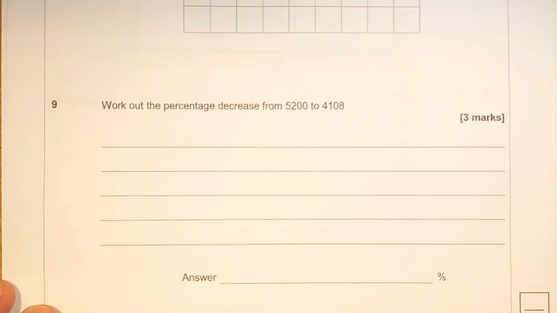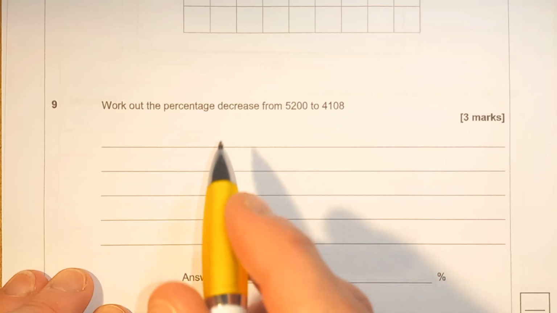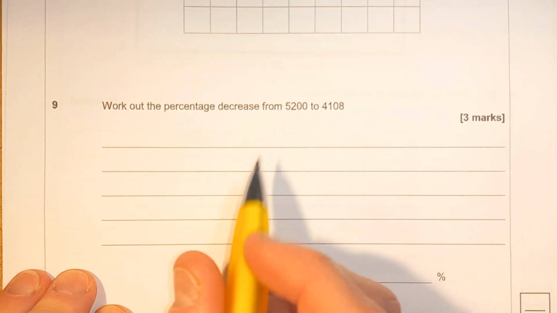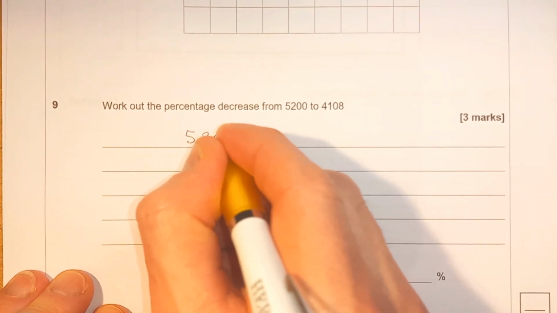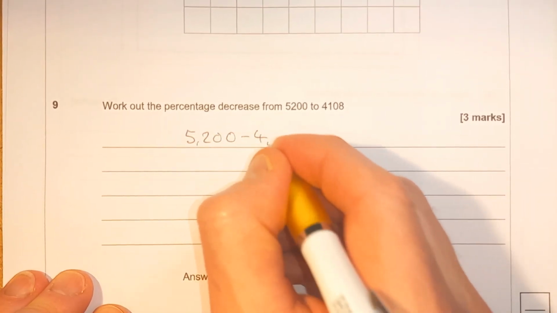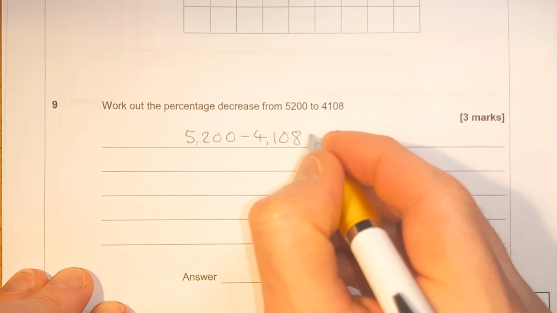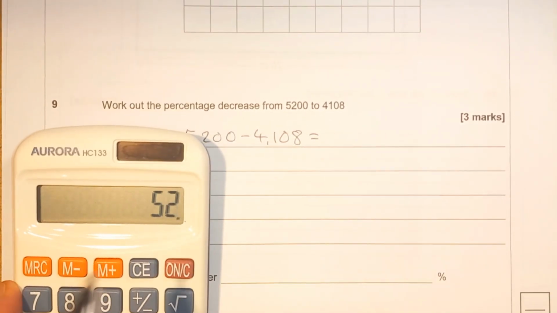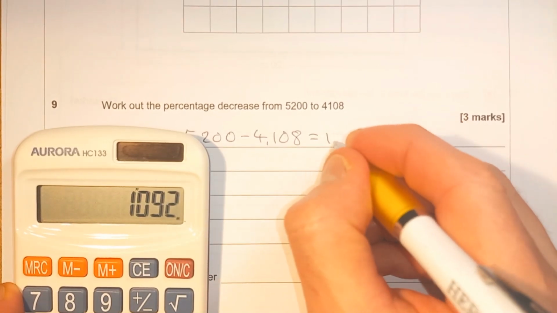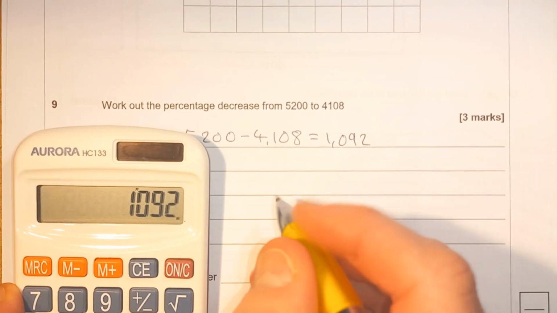Question 9. Work out the percentage decrease from 5,200 to 4,108. To find the percentage decrease, first we want the actual decrease. So we get that by doing 5,200 minus 4,108, which gives us 1,092.